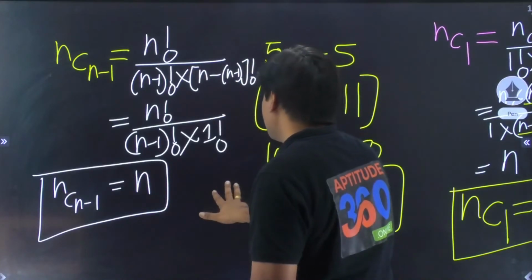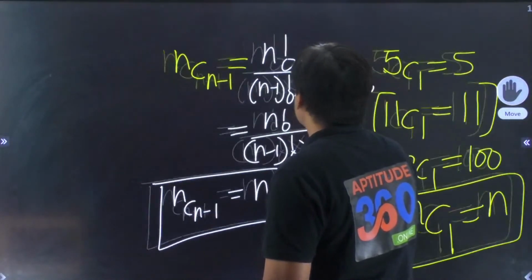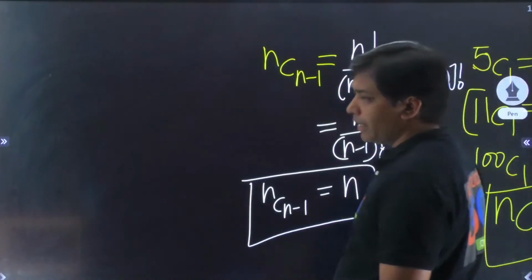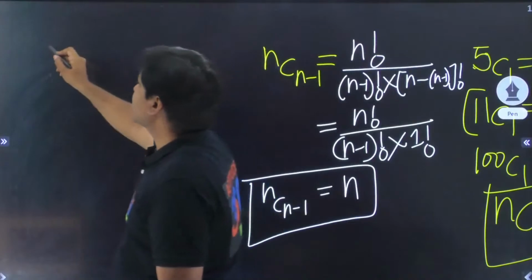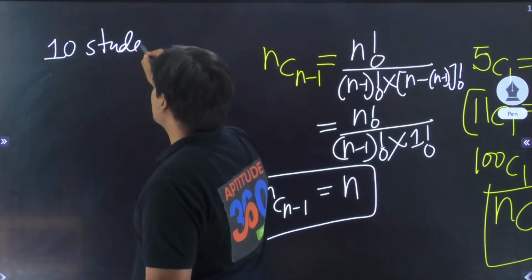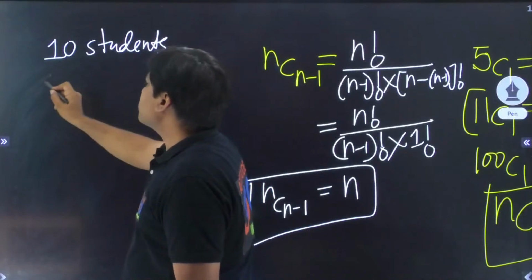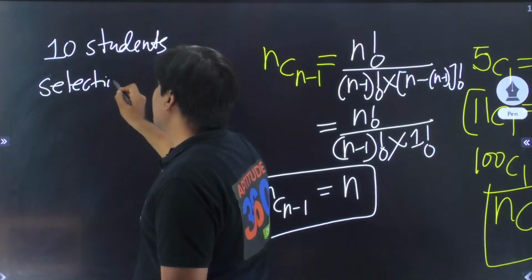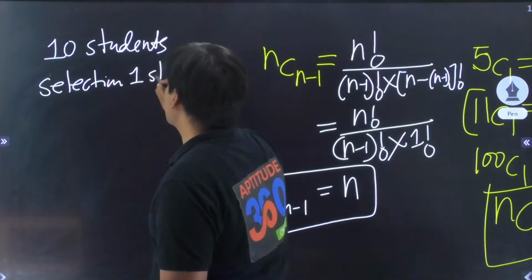Say for example, I have got 10 students, and out of those 10 students, I have to select one student assistant.